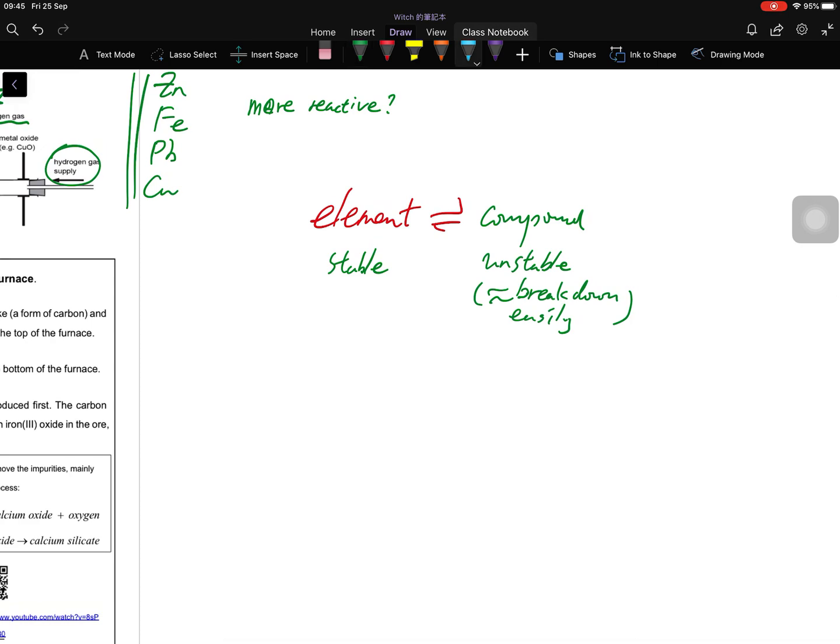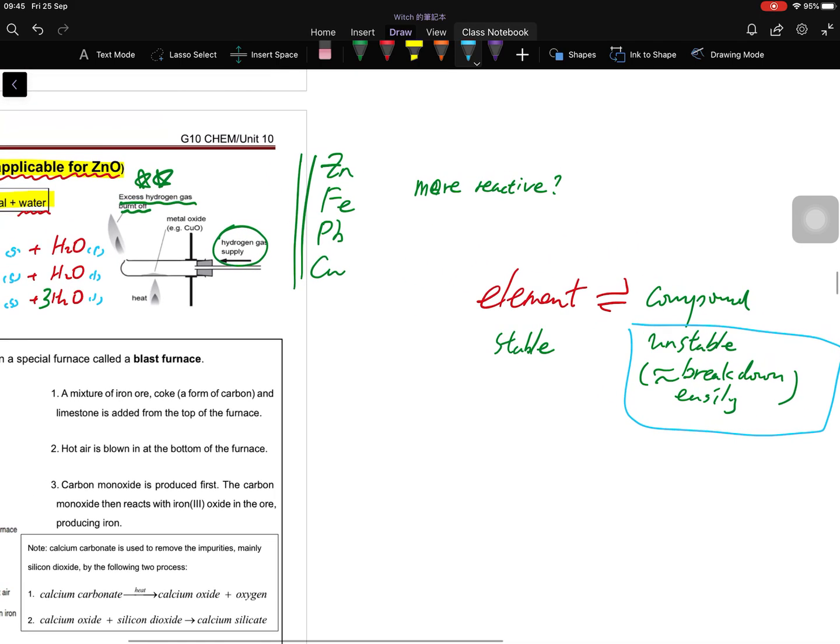The interpretation is like this. For the copper, lead, and iron, under hydrogen, they will break down. That means their compounds are unstable, or we can say they are stable elements. But zinc is different, because hydrogen cannot break down zinc oxide. That means compared with zinc, hydrogen is less attractive, right?